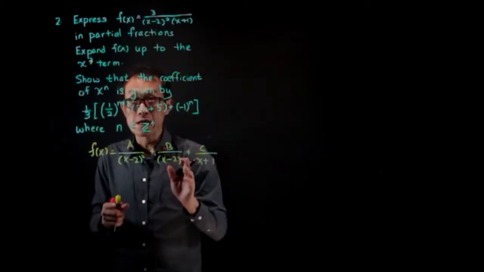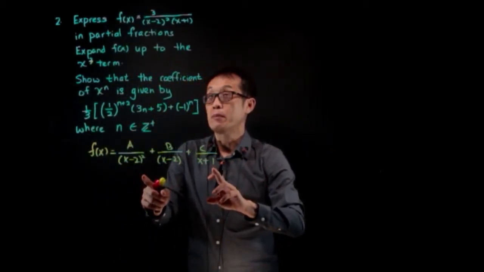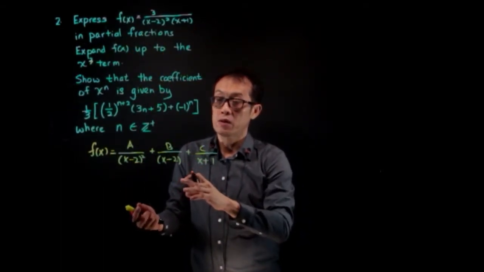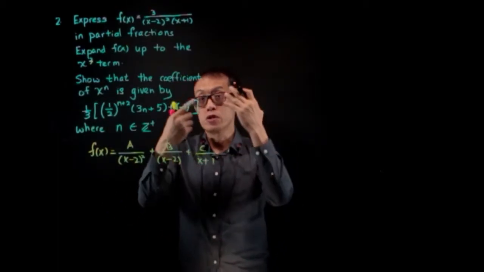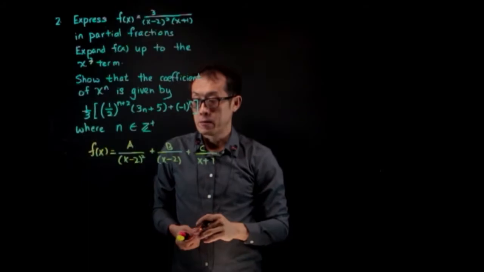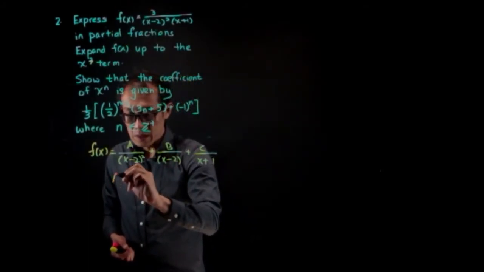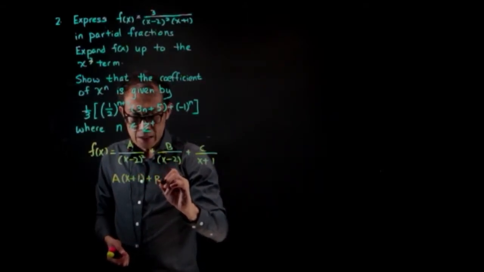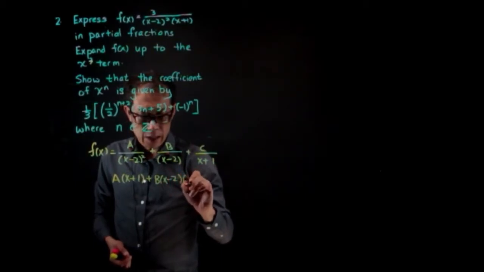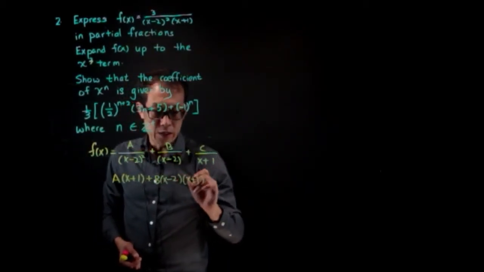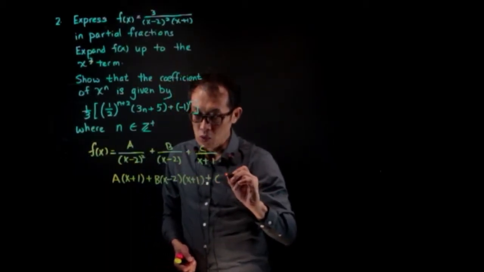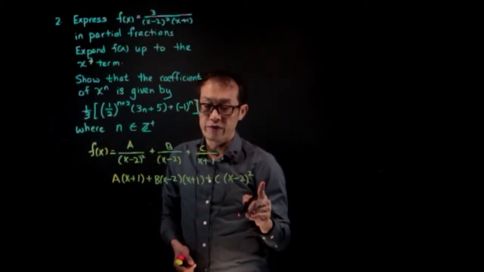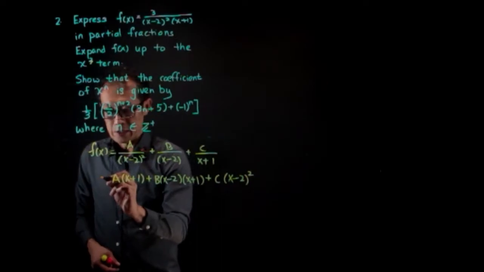So you express this as a single fraction, then you will find that the denominator is the same as this. Since the denominators are equal, the numerators will be equal as well. Therefore, a into (x plus 1) plus b into (x minus 2) times (x plus 1) plus c into (x minus 2) squared is equal to 3.